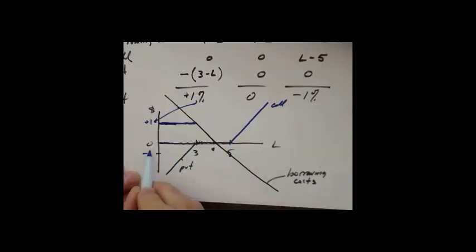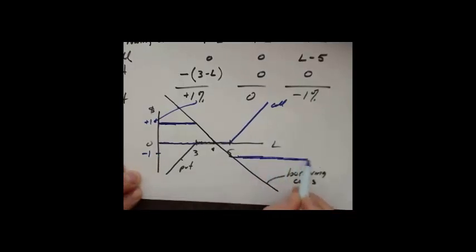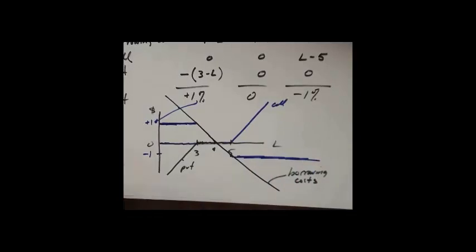So this is minus 1. No matter what happens above 5%, we're going to pay more than the 4. We're going to basically pay 5% because we're going to pay the 4% and then 1% more.